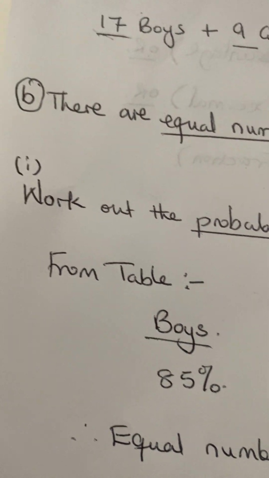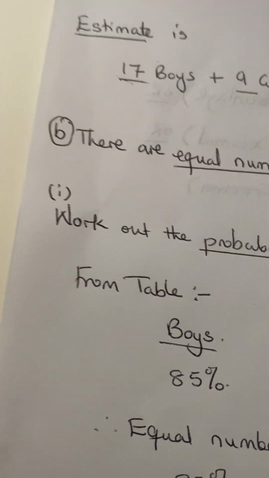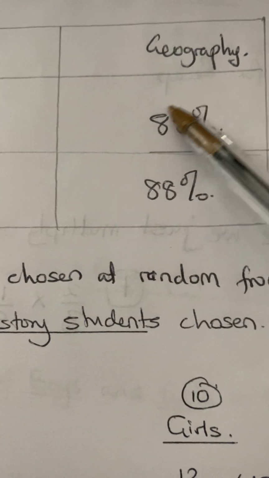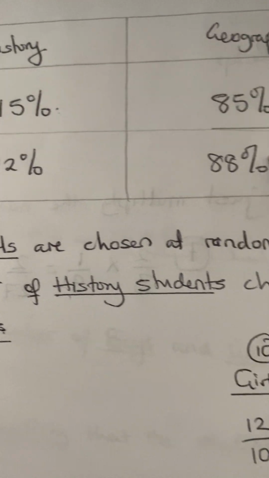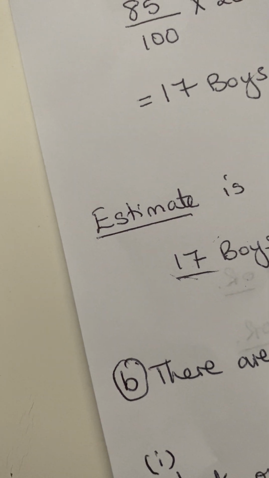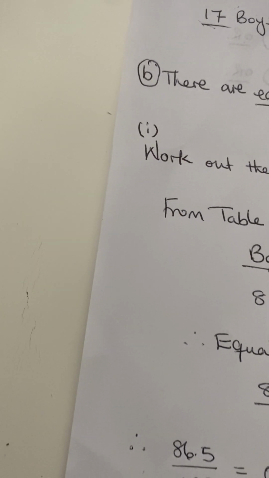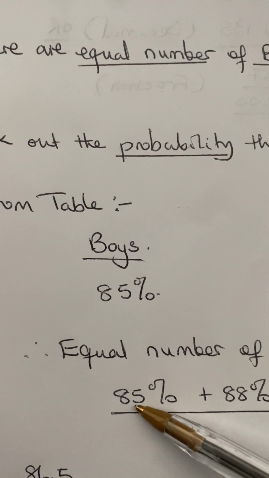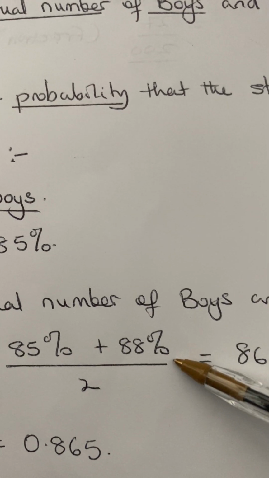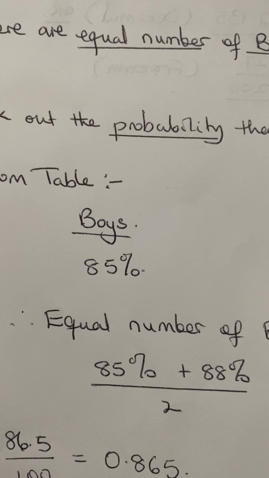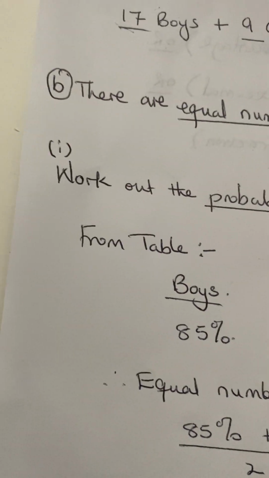Now we go back to the table again. The geography students for boys is 85, for girls 88. So if it's equal numbers, then it's a fair share, 50-50. Now I'm going to add 85 plus 88 and divide by 2, because it's equal numbers and they've given me the percentages.